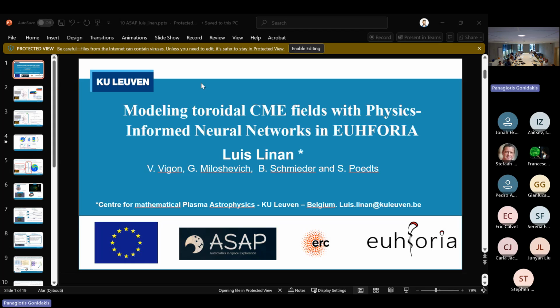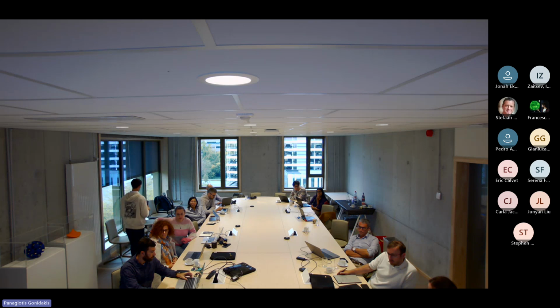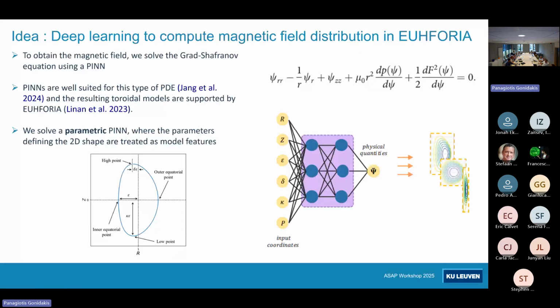We solve this equation with neural networks, physics-informed neural networks, with geometrical parameters that can describe different shapes of the torus. So we put in the features some geometric parameters that describe the 3D surface, and we also put the location inside the torus. So here it is the idea.